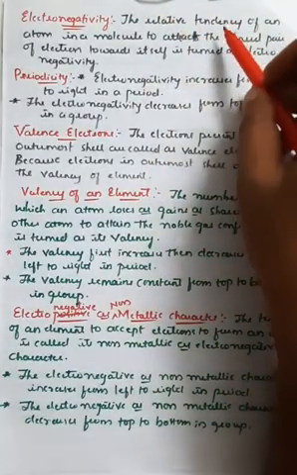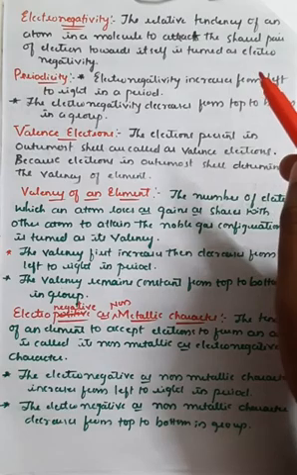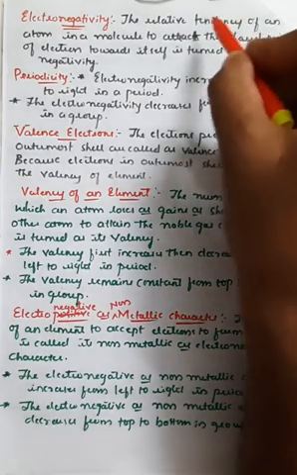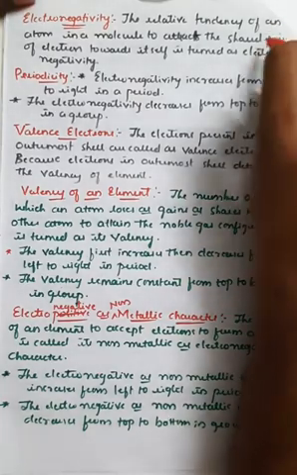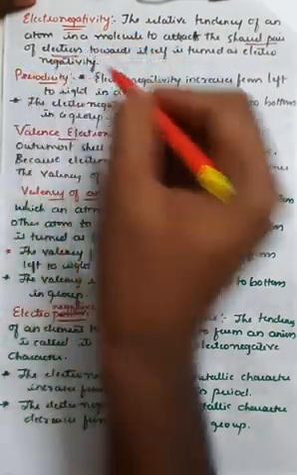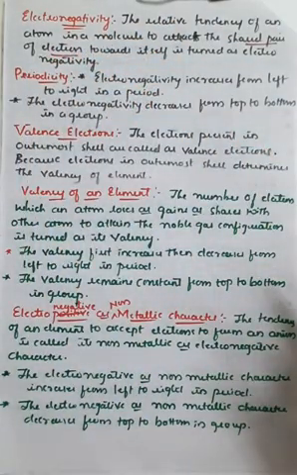Therefore it is the relative tendency, or the power of an atom, to attract the shared pair of electrons. This word is very important, right? To attract the shared pair of electrons towards itself is termed electronegativity.